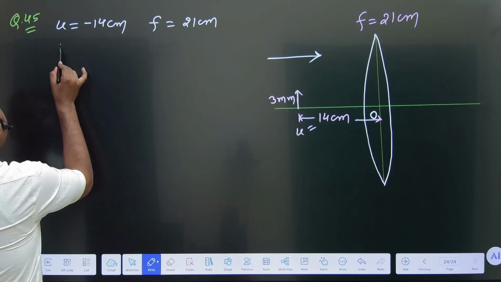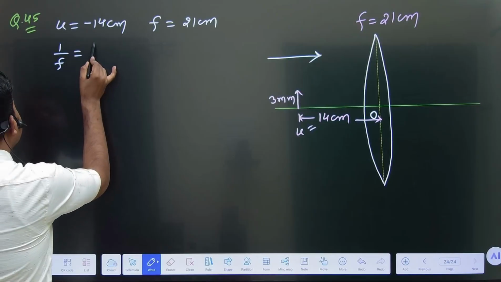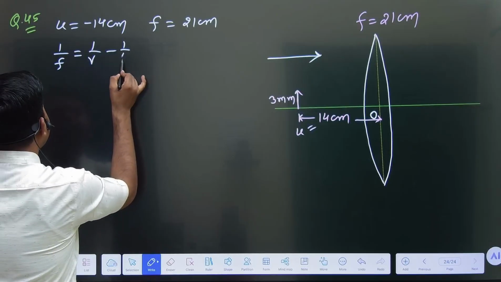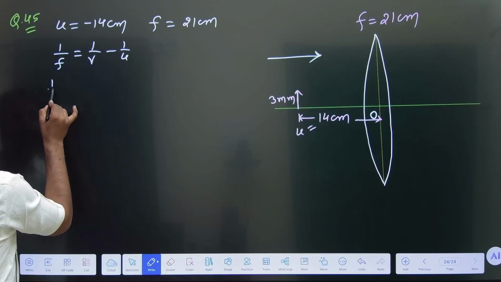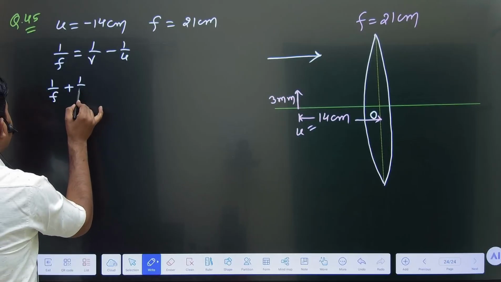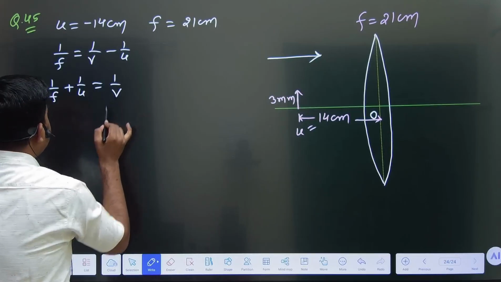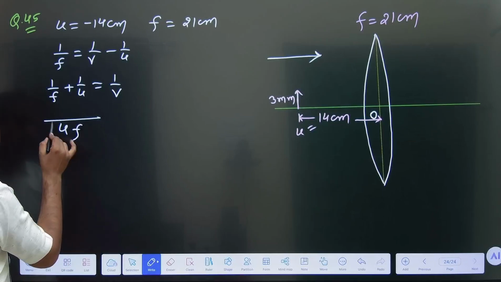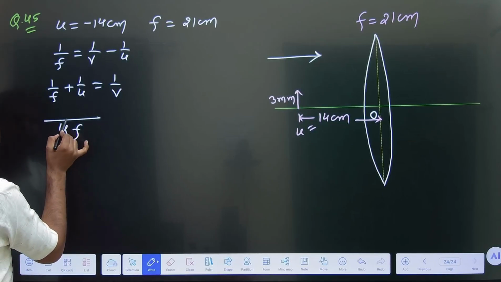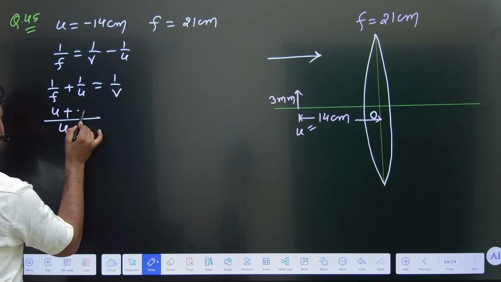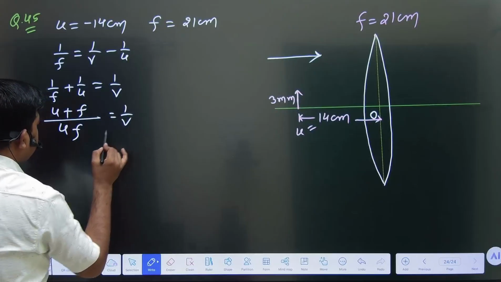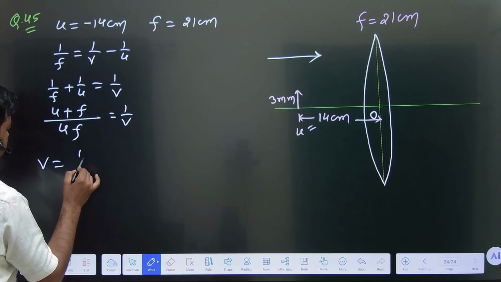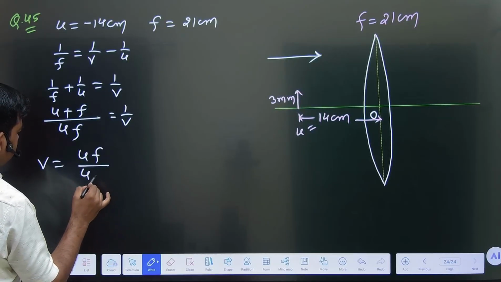Now here we apply the lens formula, 1 by f equal to 1 by v minus 1 by u, and this is 1 upon f plus 1 upon u is equal to 1 upon v. So we take the LCM, uf. So f and f cancel, u plus f is equal to 1 by v. So what is the value of v? We write here uf upon u plus f.